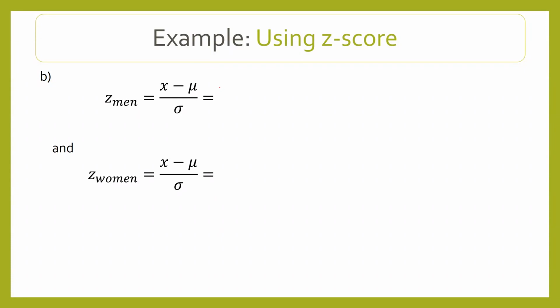If we repeat the same procedure in B for a 67-inch man, that is going to give us 67 minus 69.6 divided by 3, and we have a negative z-score. Yes, you can get a negative z-score. Z-score can be negative, and that is the first point I want to raise here.